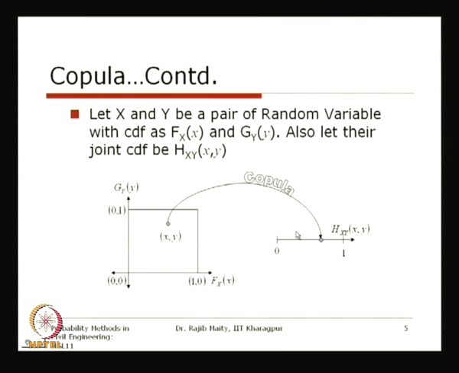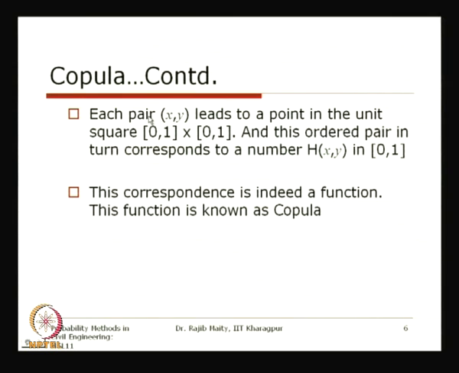Now, these 2 points correspond to each other through a function. The function that makes the correspondence between these 2 is what is known as the copula function. That is why each pair x, y leads to a point in the unit square 0 1 by 0 1, on the plane made by Fx(x) and Gy(y).